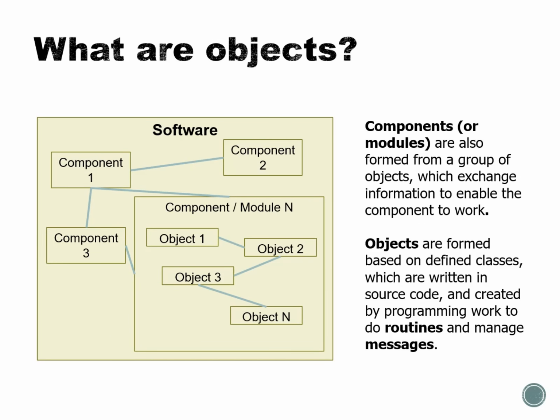So inside each module we have objects, which are more or less the things that you write with source code in object-oriented languages. They do routines and they manage messages. Of course, there are hundreds of them in almost every reasonable software, so you really have no idea what each object in each module and each component is doing.